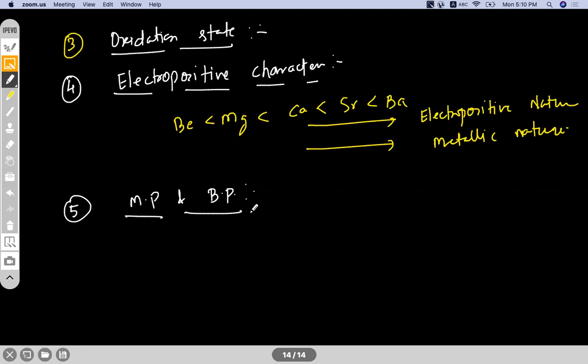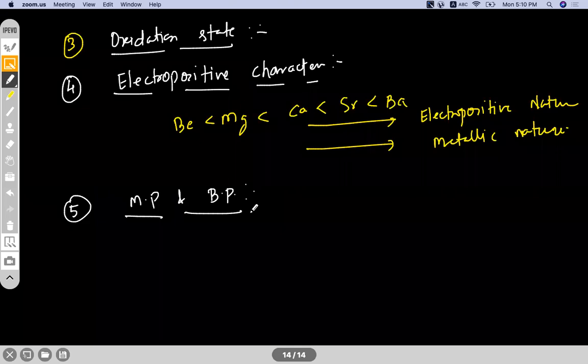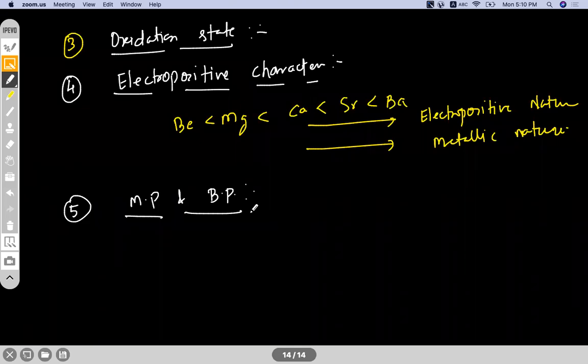As we go down the group, the metallic bond strength decreases.